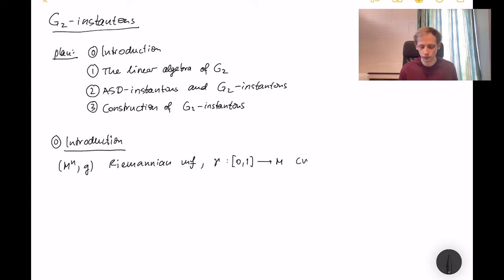And let's say it's a closed curve, so gamma of 0 equals gamma of 1 equals some point x. Then because we have the Riemannian metric, we have a Levi-Civita connection, and because of that, a parallel transport along the curve.